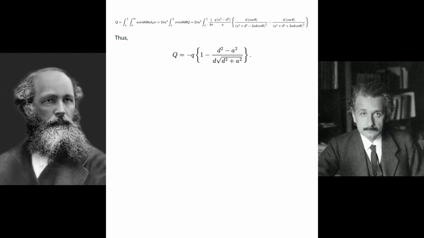Q equals 2 pi a squared times the integral from 0 to pi over 2 of 1 over 4 pi q times a squared minus d squared over a times d of cosine theta over a squared plus d squared minus 2a d of cosine theta raised to the exponent 3 halves end exponent minus d of cosine theta over a squared plus d squared plus 2a d of cosine theta raised to the exponent 3 halves end exponent. Thus, see the next equation.